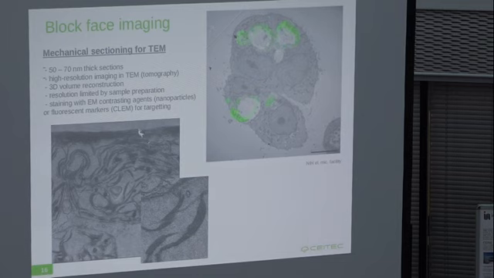So therefore, this method doesn't allow you by itself to easily target individual proteins inside the sample.